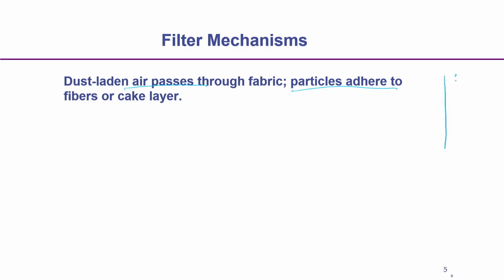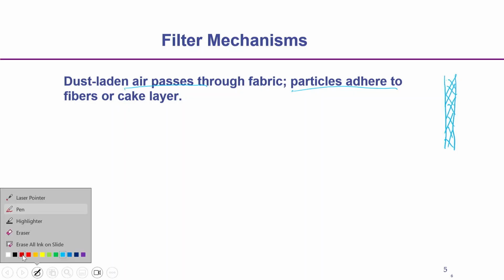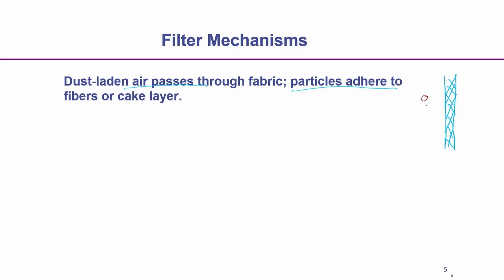So, this is the filter medium, and different types of dust particles are coming. They are captured at the surface or inside the structure, or sometimes when the cake formation is there, they are deposited on the cake also.